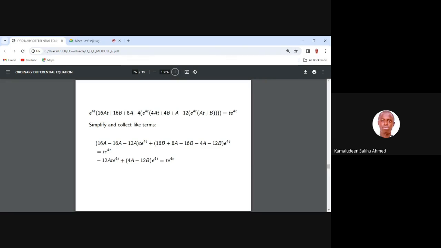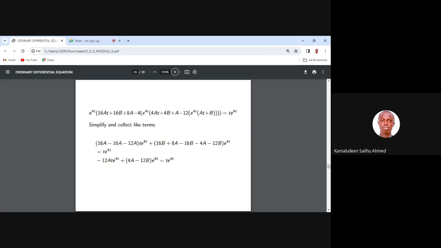Don't forget, our arbitrary constants are only what? A and B. So definitely you must have only two expressions also here in the left hand side, so that when you equate it, each equation will be equated to the equivalent value in the particular solution at the right hand side.